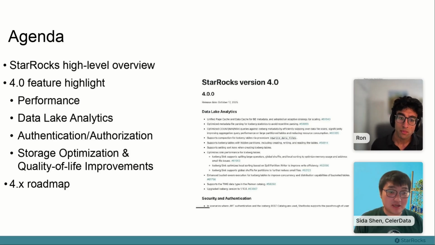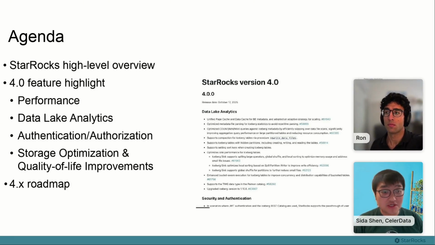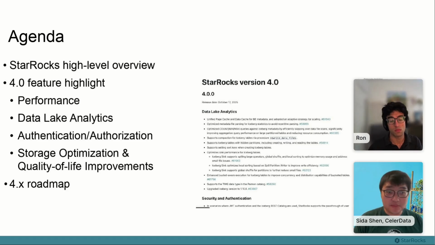And then we're going to talk about data lake analytics, our deepened Apache Iceberg integration. And then we're going to talk about authentication, authorization, access control, data governance. And then we're going to go into the storage side of things, the features that we built to reduce the cost for real-time analytics running on S3.